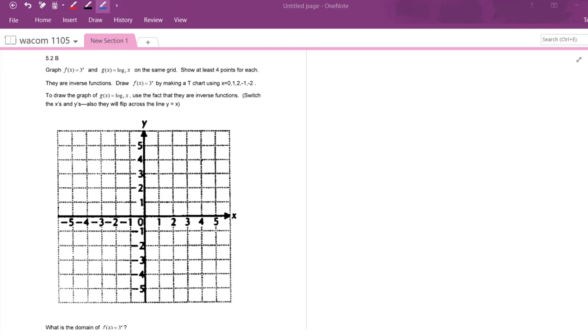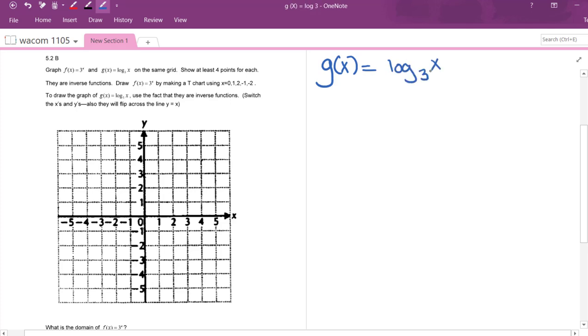My approach is to first graph the exponential form and then use the property of inverses. So if I was asked to graph g of x equals log base 3 of x, what I would graph first is a different problem.